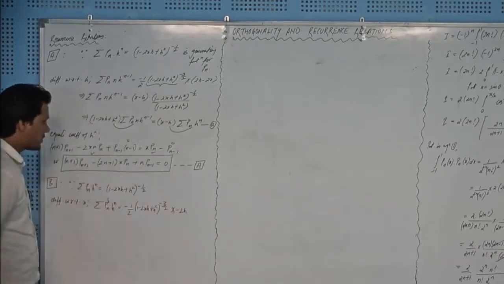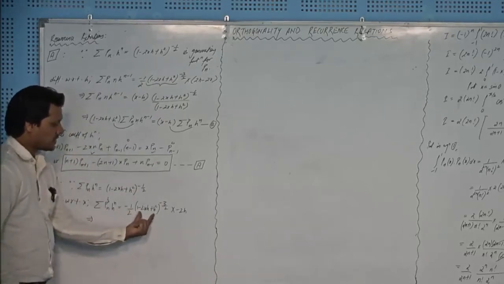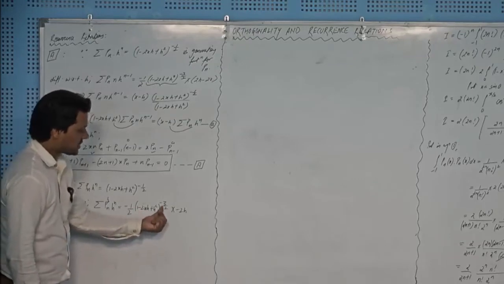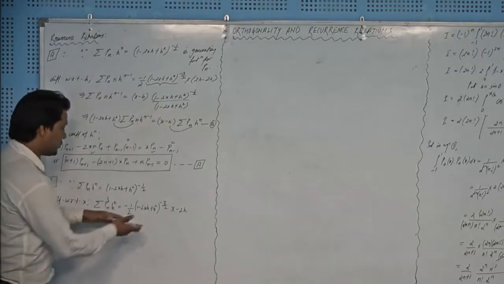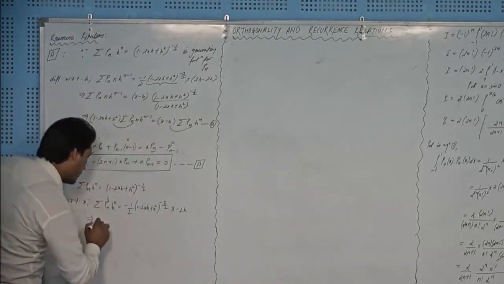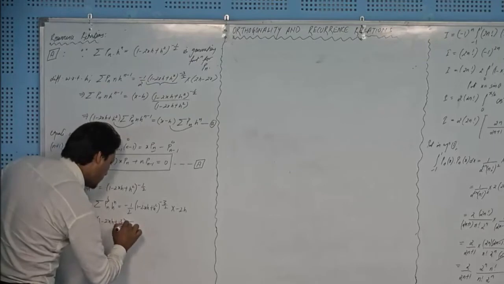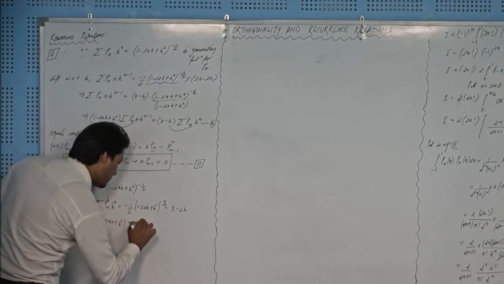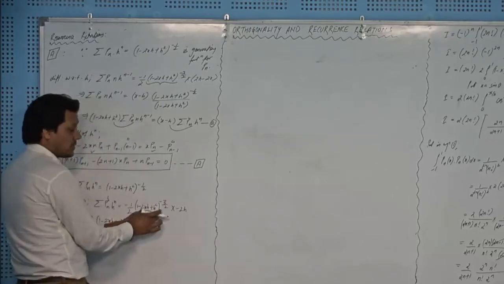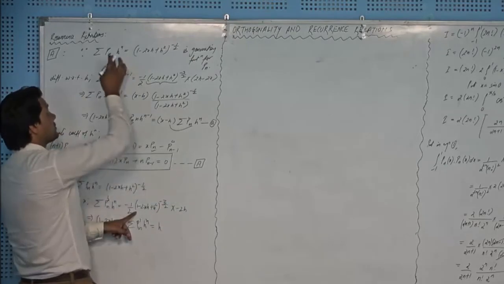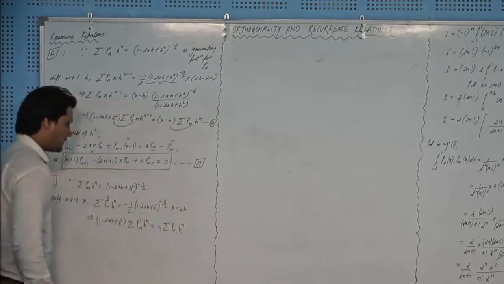So this 2 and 2 will be cancelled out, and you should write this as (1 - 2xh + h^2) to the power minus half divided by (1 - 2xh + h^2), as written here. Then you multiply that here, you will get (1 - 2xh + h^2) multiplied with summation Pn dash h to the power n equal to h, with the power minus half replaced again by summation Pn h to the power n, right?